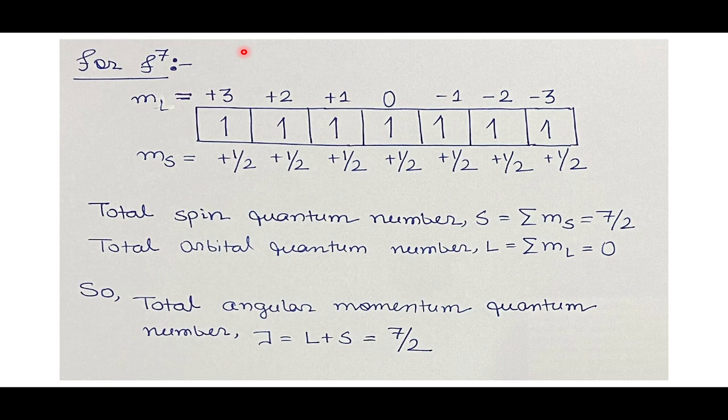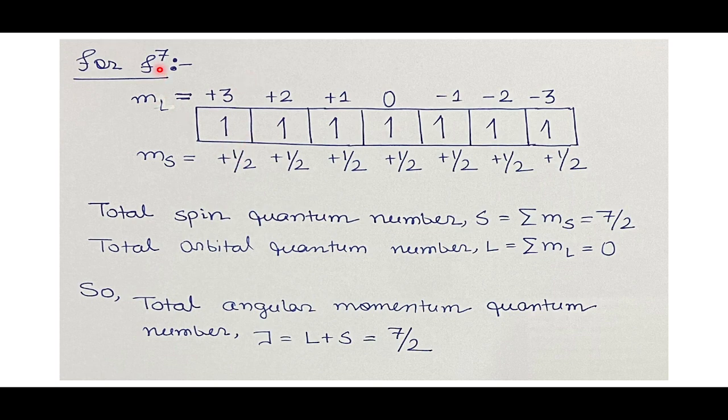So for that you will have ml values from minus 3 to plus 3. So you will have 7 partitions in your shell where electrons can occupy. Every partition can contain 2 electrons, with spin plus half and spin minus half.